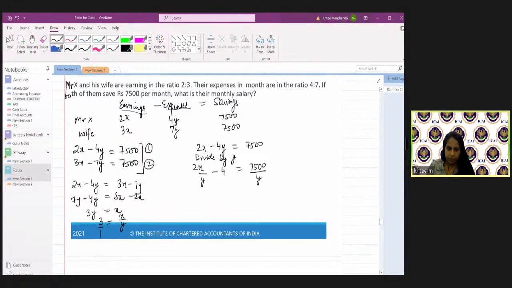So 2 into x by y is 3 minus 4 is equal to 7500 by y. 6 minus 4 is 2 and y comes here equals to 7500. Y is 3750. X, you know, x is 3 times 3750. That is 11,250.